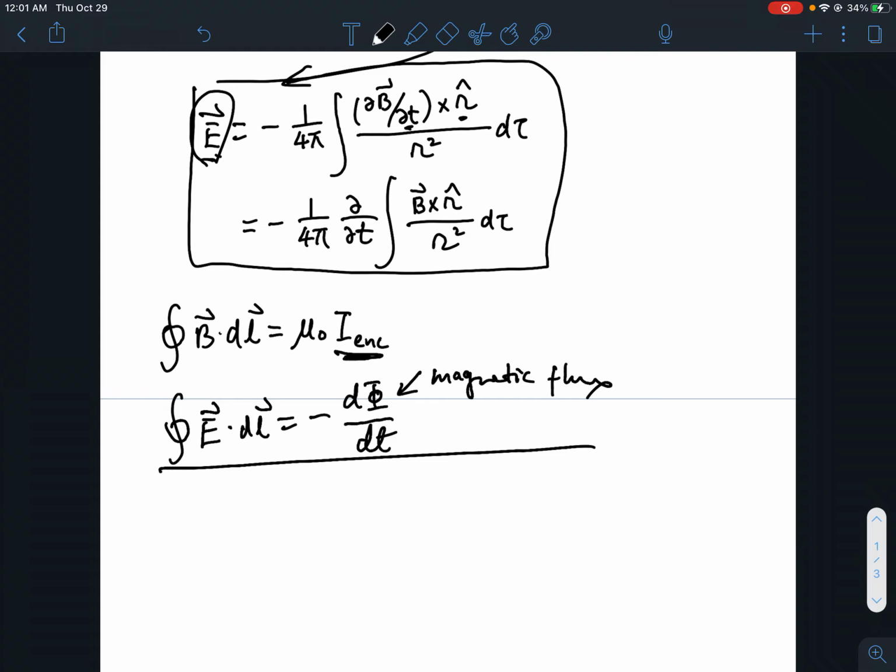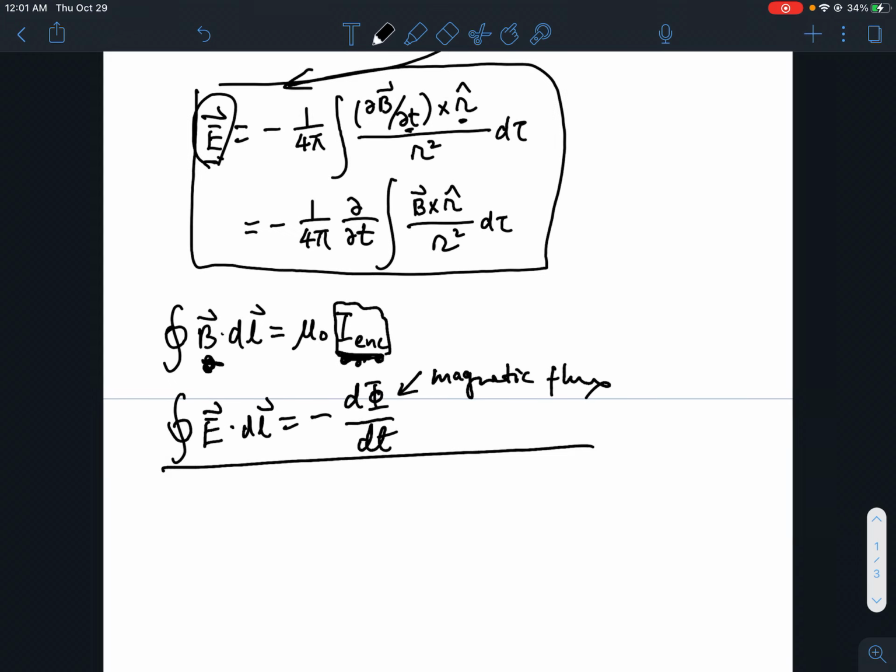And you can see from here, when we calculate this, we said that the B field depends on the amount of current that is inside this Amperian loop. We define a loop, and we found what is the current inside that loop. Here it is in some sense a very similar way.